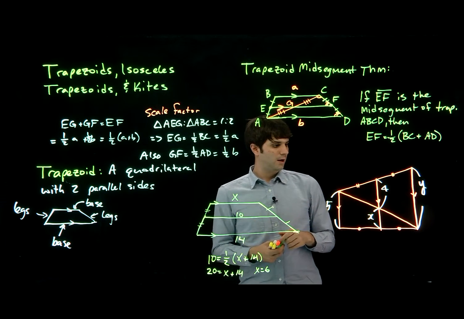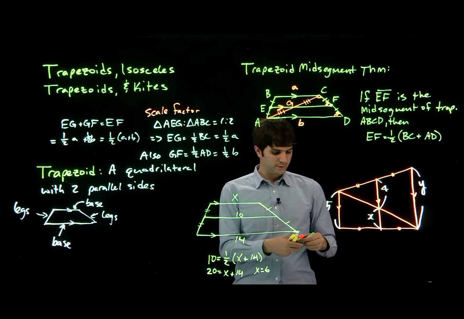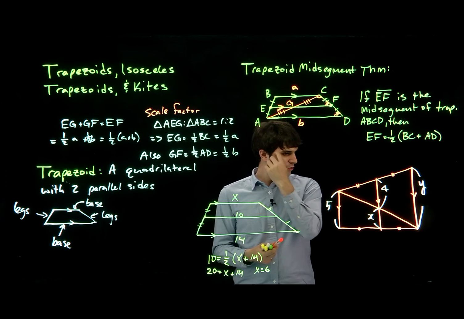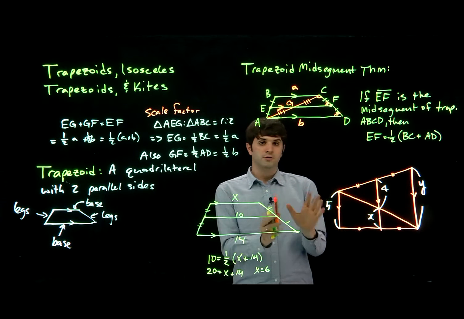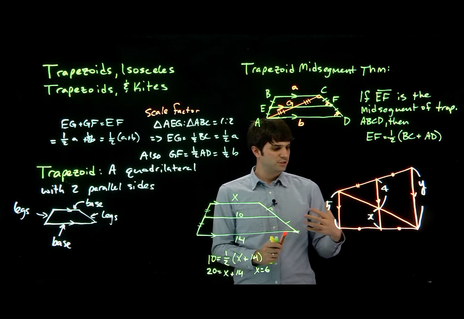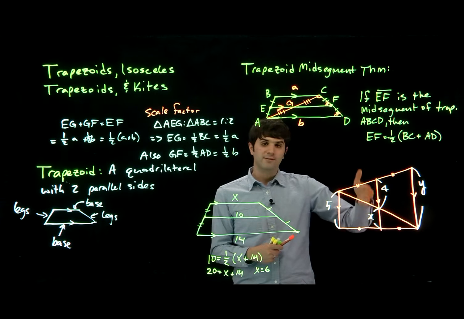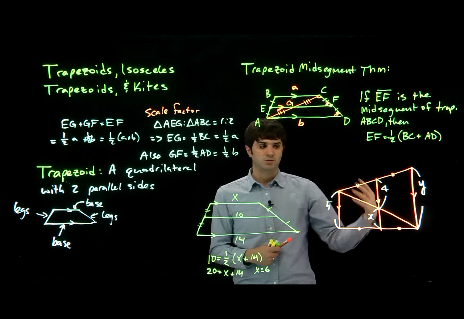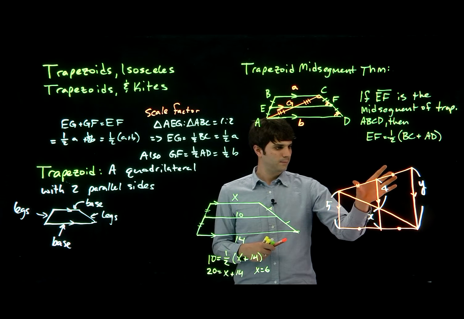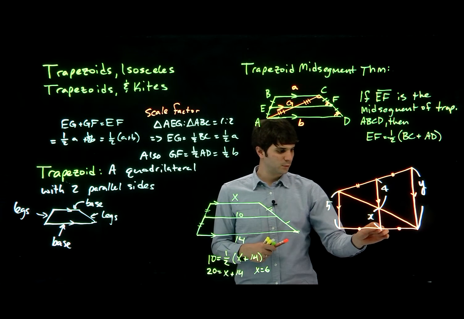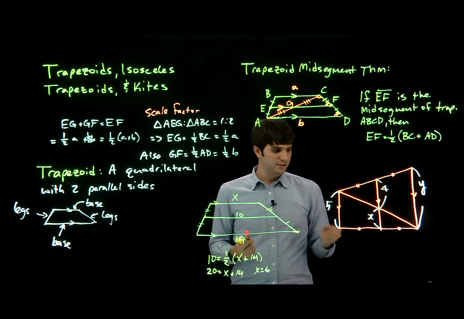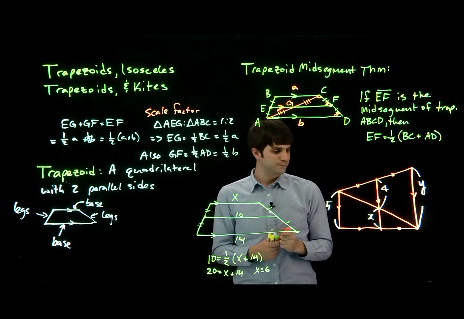All right, moving on to this problem, slightly more difficult. Before we jump into this, we do have a trapezoid and we do have a mid-segment here. We have parallel lines, which makes it a trapezoid. This point is a midpoint, this point is a midpoint. So we can use the trapezoid mid-segment theorem.